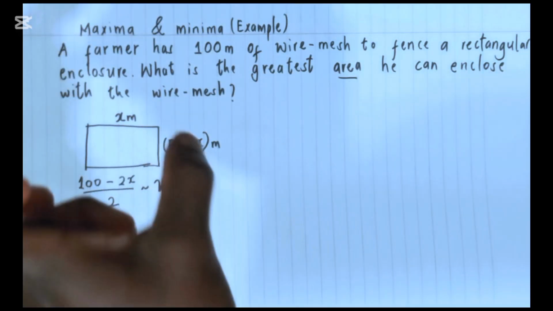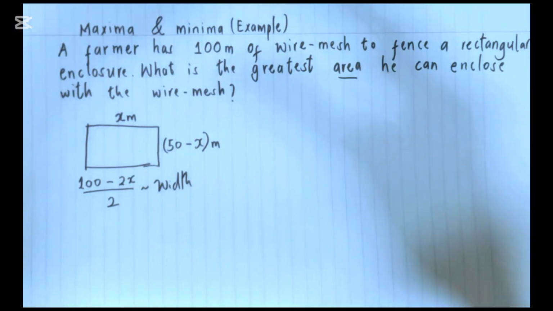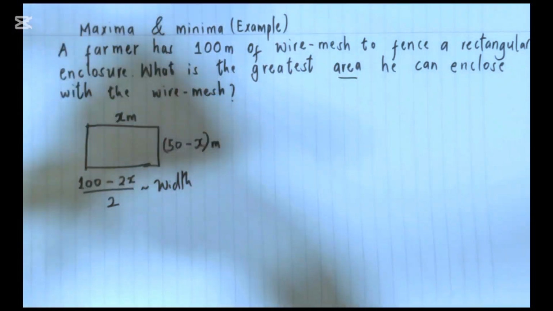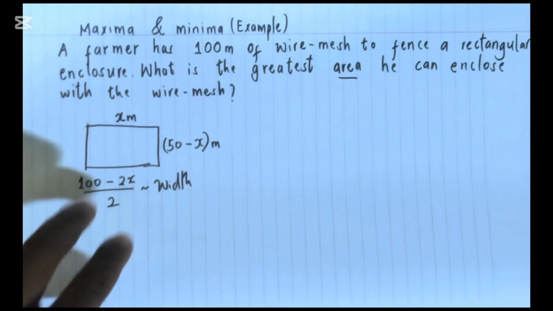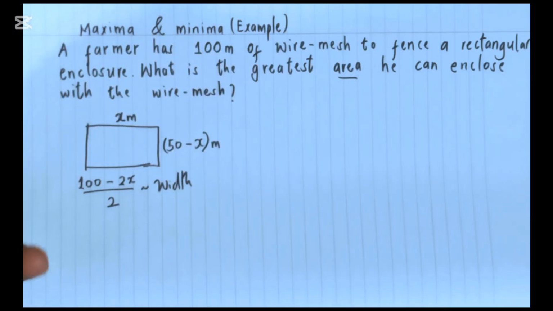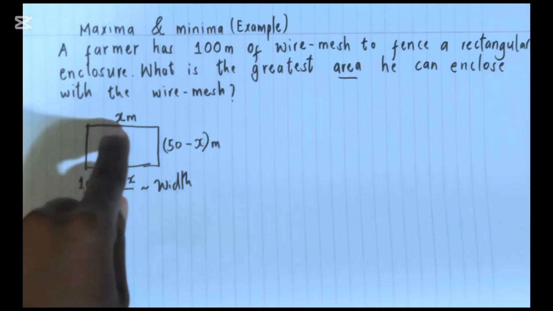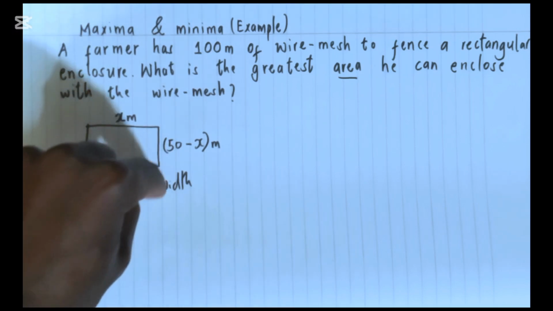Basically, we don't know what the greatest area is, but we know, assuming that this wire mesh was accurately used without any wastage, we have the accurate values of what the length should look like, x, and what the width should look like.